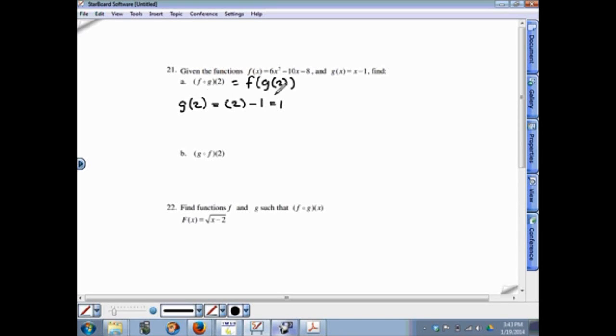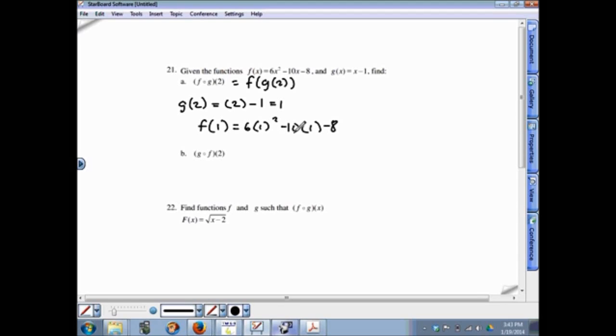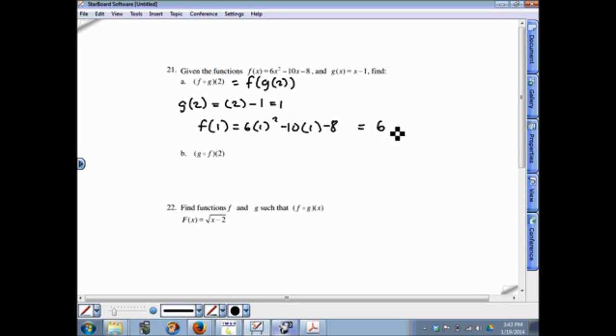So now g of 2 can be replaced with 1. So now we need to find f of 1, which is 6 times 1 squared minus 10 times 1 minus 8, which is 6 minus 10 minus 8, which is negative 12.